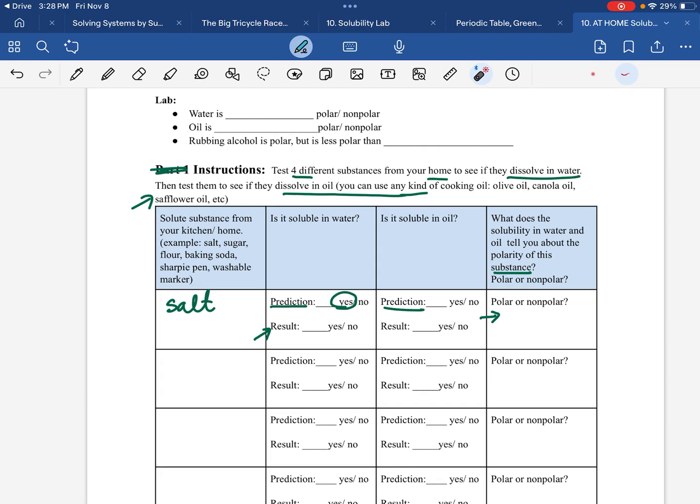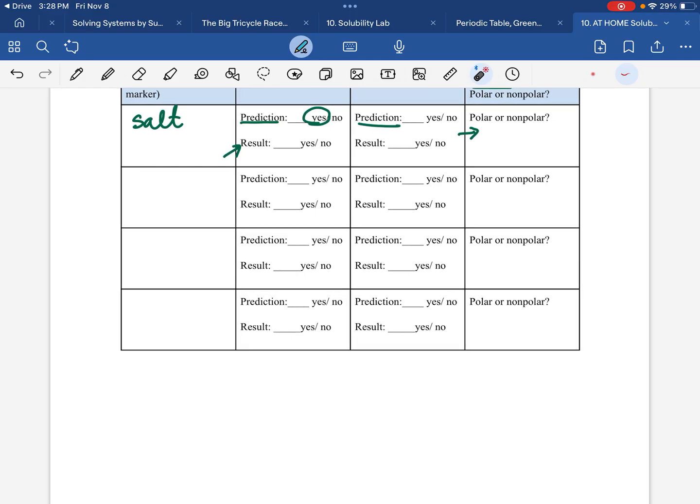Now, a fun one to do here, if you have the opportunity at home, is to test a Sharpie pen or any kind of other permanent marker.